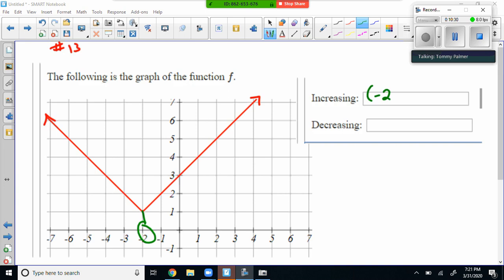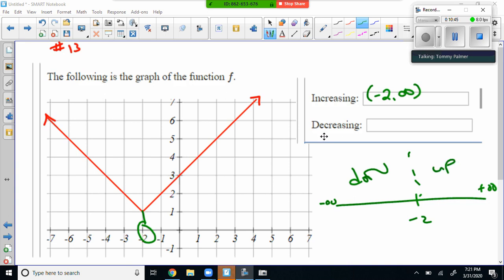It would be -2 to infinity, right? Yeah, if you draw it here, it's negative infinity to positive infinity. You're going down here and you're going up here. So it's decreasing from negative infinity all the way to -2. Fair enough?